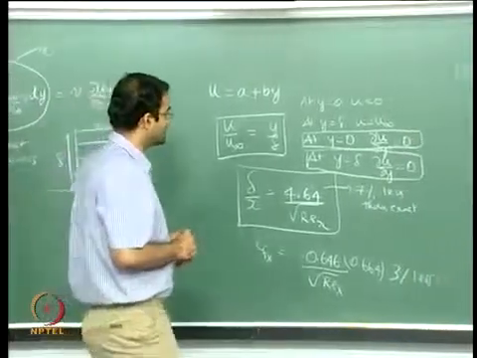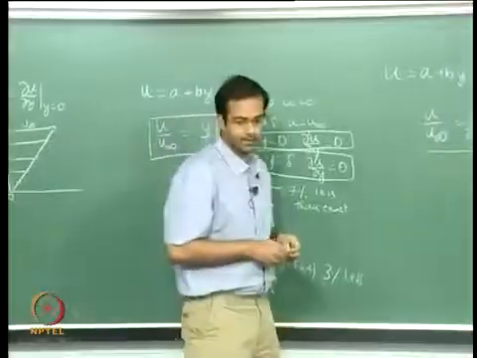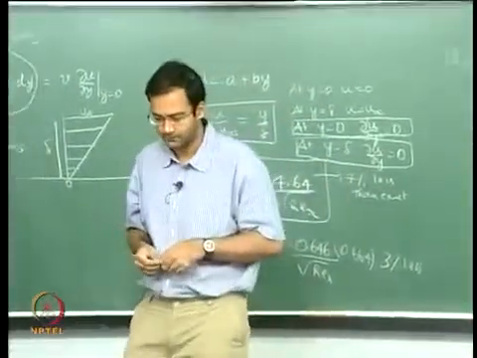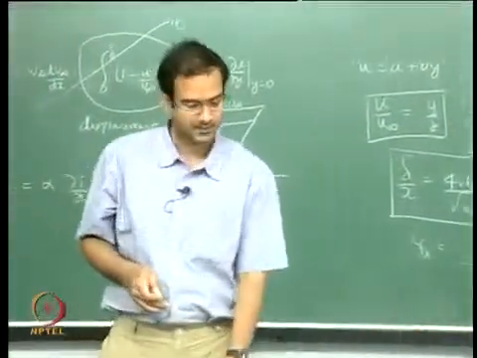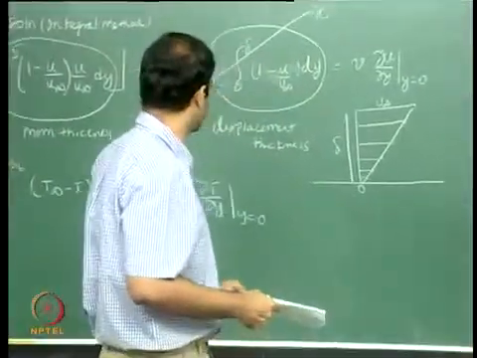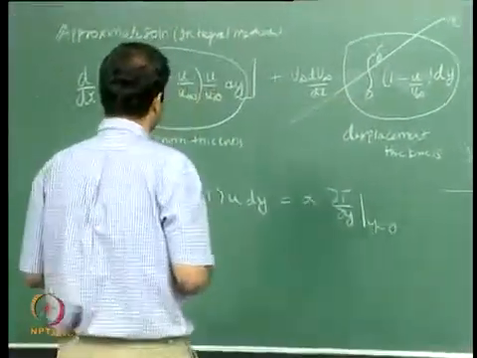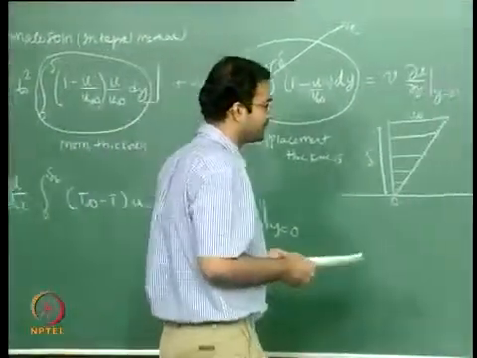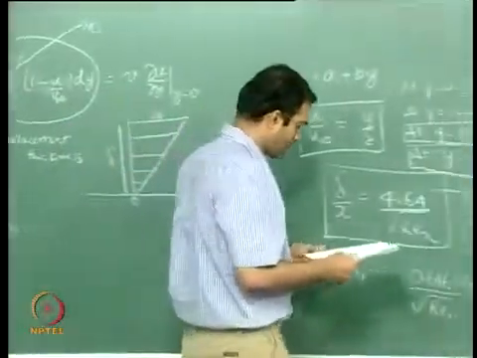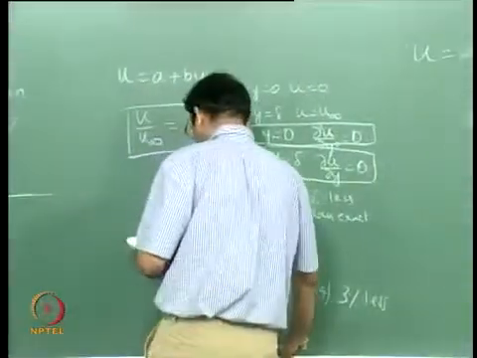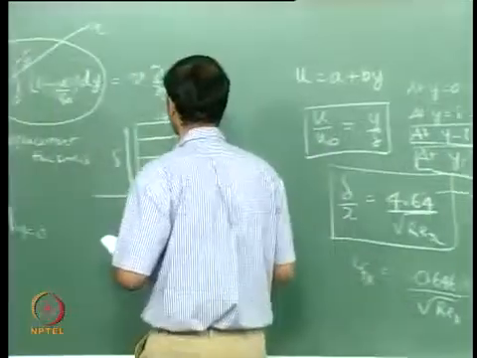Okay, so this is what we did yesterday with the flow solution. So today we will look at such kind of approximations for temperature for a flat plate case. Okay, so now we will look at the thermal boundary layer on an isothermal flat plate.